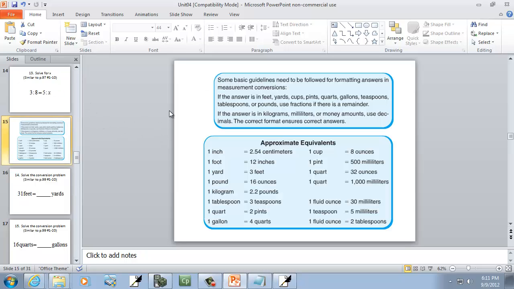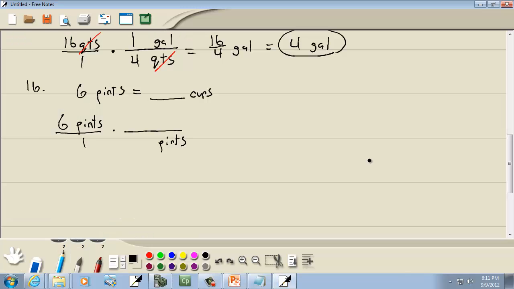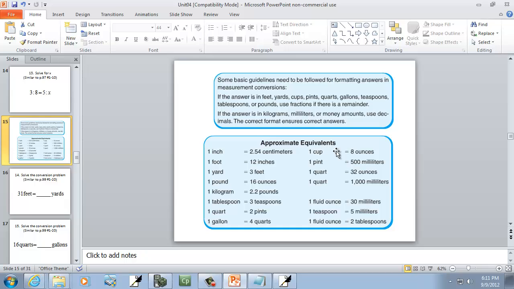Go back up to my table. I'm looking for something that ties pints to cups. See, this is where the problem was. When I was looking through here, I was looking for cups. Here's 1 cup, that's 8 ounces. Nowhere else do I see a cup. So cups tie to ounces.